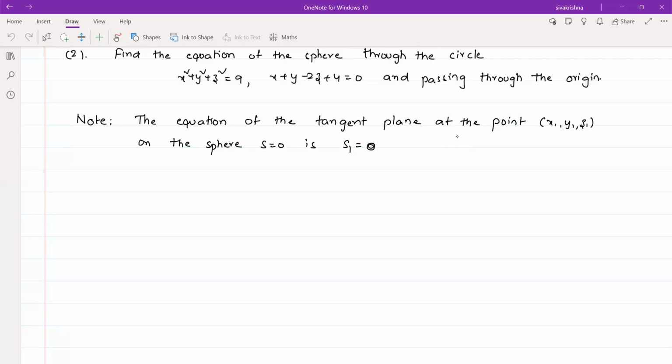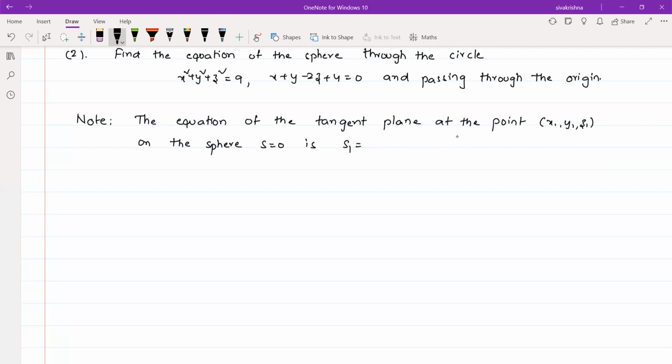Here S1 is nothing but, if the sphere equation is of the form x square plus y square plus z square plus 2ux plus 2vy plus 2wz plus d equals 0, then S1 is xx1 plus yy1 plus zz1 plus u times (x plus x1) plus v times (y plus y1) plus w times (z plus z1) plus d equals 0.